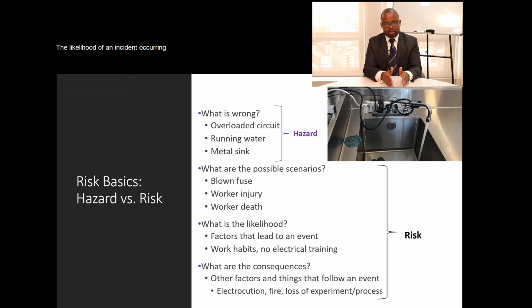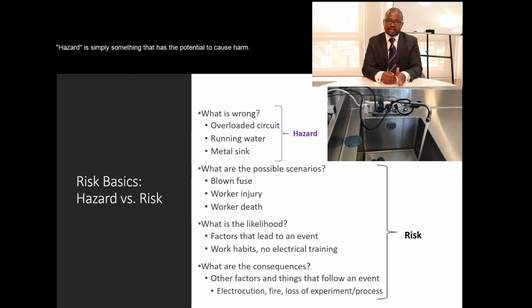The likelihood of an incident occurring in such a scenario, where we have a circuit in a metallic sink with water, increases, and the consequence could be as dire as death. Now, risk, therefore, is the likelihood of an incident happening and the consequence that that incident would result in.